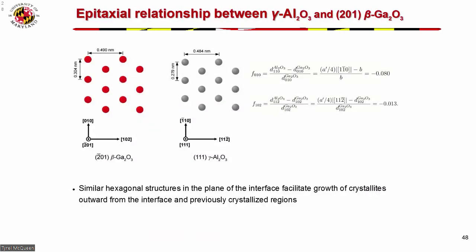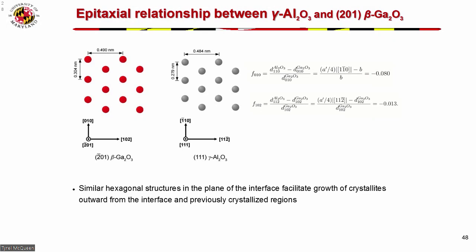So here, if we compare the oxygen layer of the beta gallium oxide with the bar 201 normal to the 111 aluminum oxide with the gamma phase, they're very, very similar. Right, and it would have a pretty small lattice mismatch, and we think that's why we get this orientation and this structure, because it minimizes the lattice mismatch along these two different directions, right?